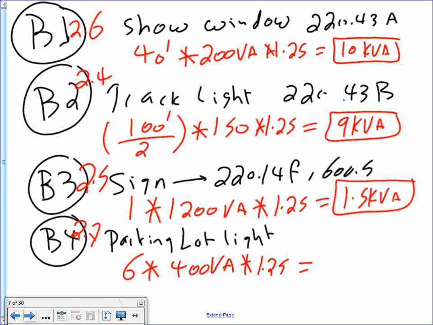That's why we add 25% to them. This is equivalent to 3 kVA allocated to the parking lot light.